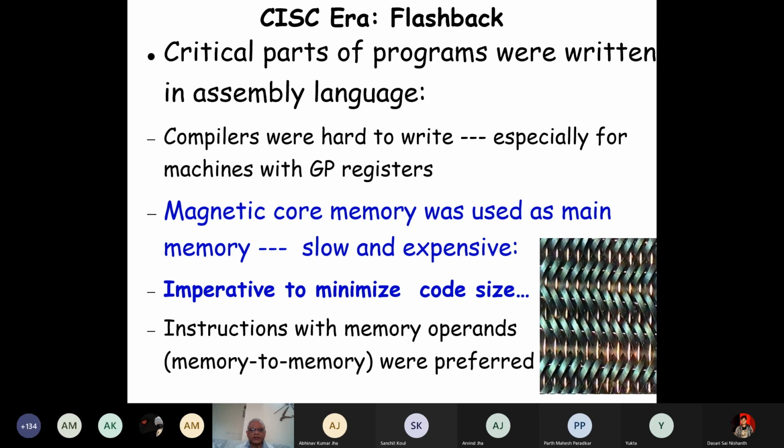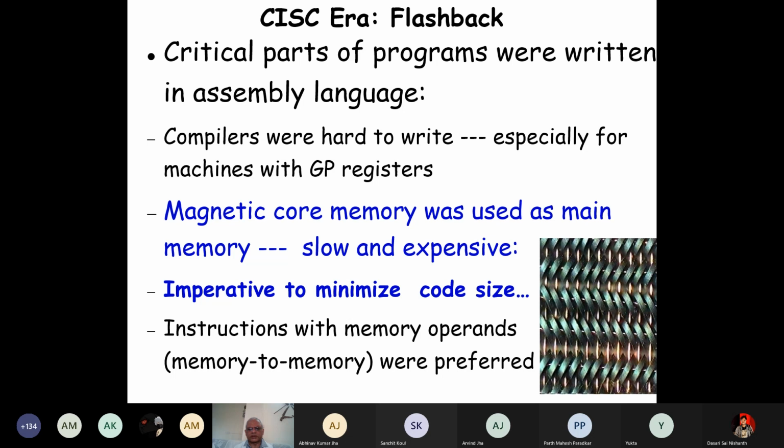Therefore, since the compilers were not good in those days, there was a critical part of every program which gets executed frequently. Those are called the core of the program. Most of the execution is spent in only a small part of the program. And in those days, it was customary to write the core of the program in assembly language.